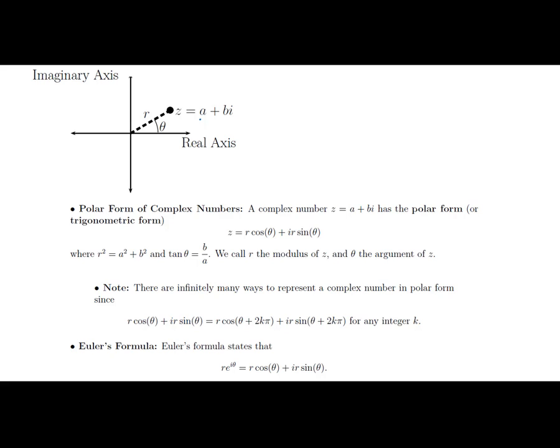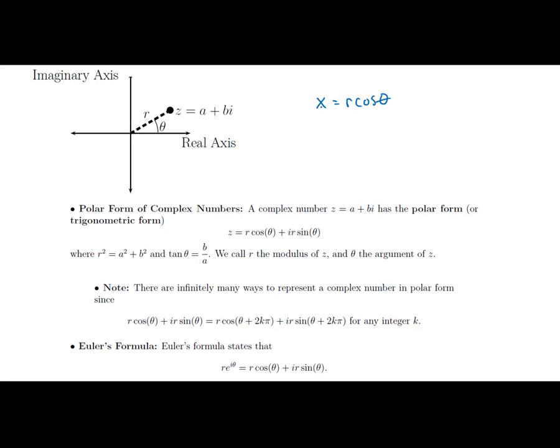Well, this certainly has the same form as a point in rectangular coordinates, the idea that this a is kind of like my x and the imaginary part b is kind of like my y. So I should be able to convert my complex number written this way into kind of a polar form. Okay, so let's just recall that the x value in rectangular coordinates is r cosine theta.